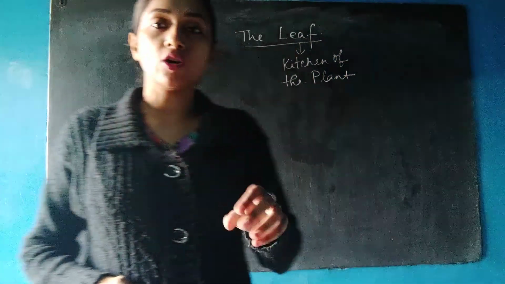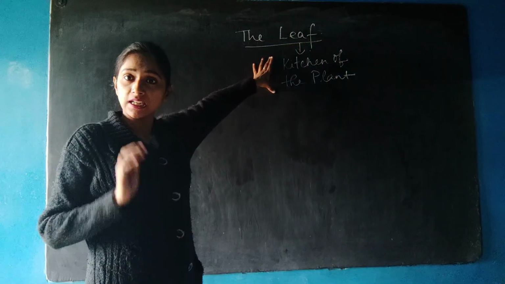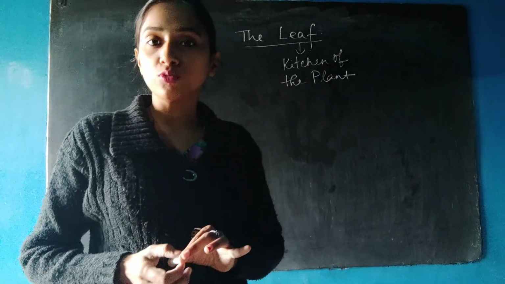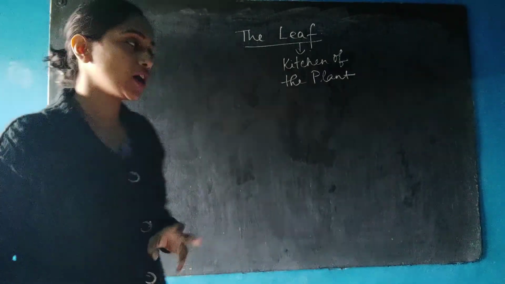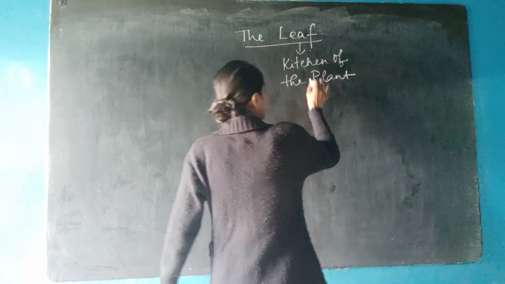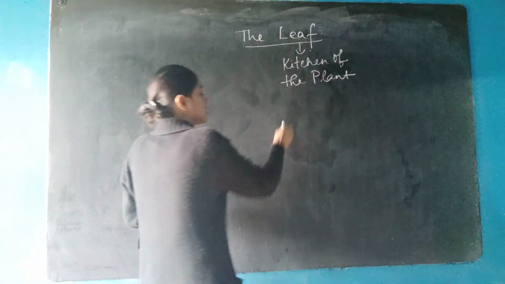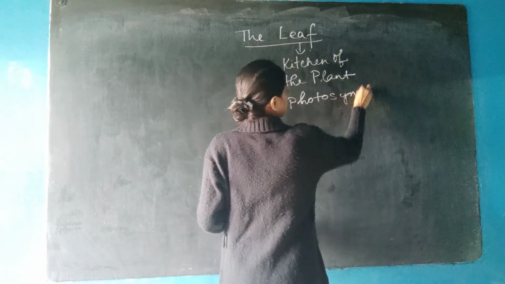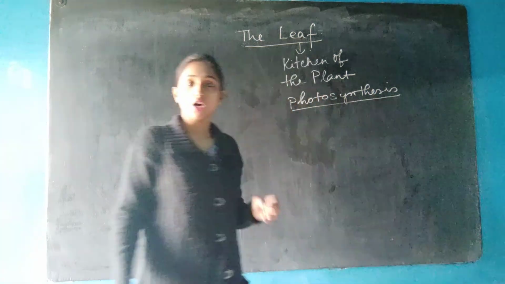Why? Because it prepares food. The leaf is the site of preparation of food or glucose, you can say, for the plant. Now what is that process termed as in which the leaf is preparing food for the plant? That process is termed as photosynthesis. Right?